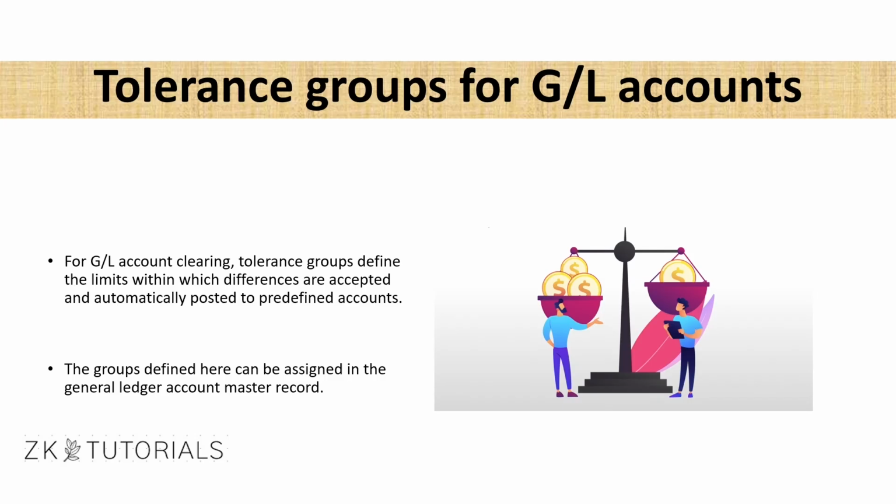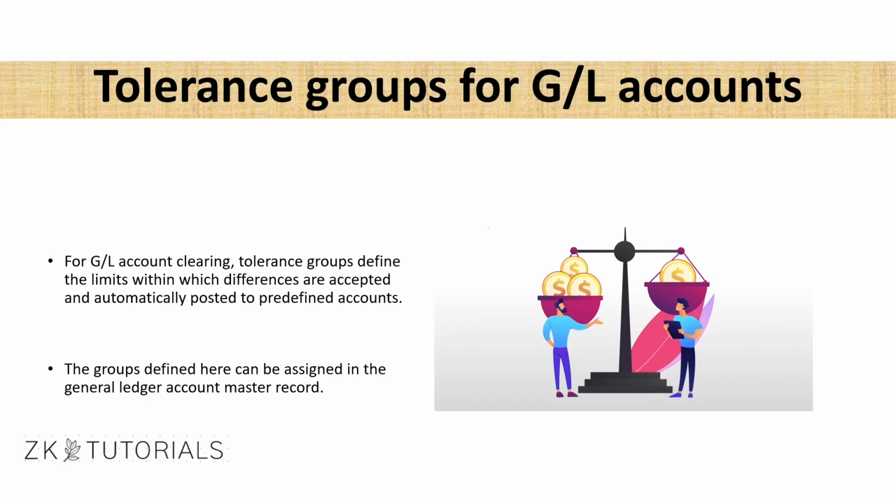So at this time, system will not accept the difference because it is more than the tolerance group amount which we have given as 10. So that means system will not accept and it cannot post. The difference is too large and it cannot post.